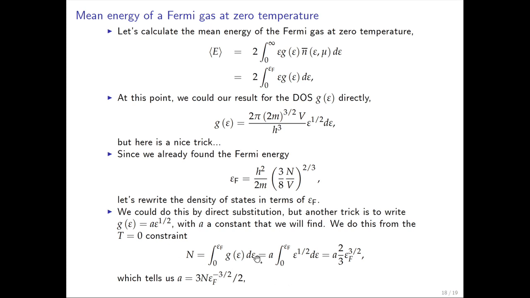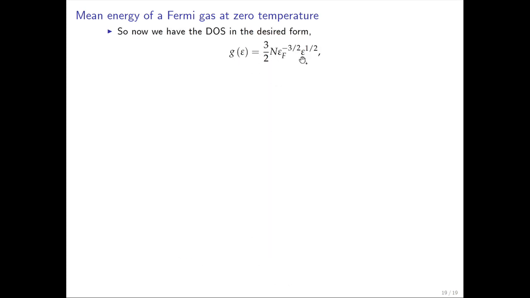And so that's it. Now we have g in the right form. We have it in terms of the Fermi energy, which looks a lot neater, and we still have this dependence. And so now it's very easy to find the mean total energy because we substitute that in, which is a lot nicer, and we just have this simple integral, and we can do that, and lo and behold, we find that the total mean energy is basically 3/5 times N times the Fermi energy.